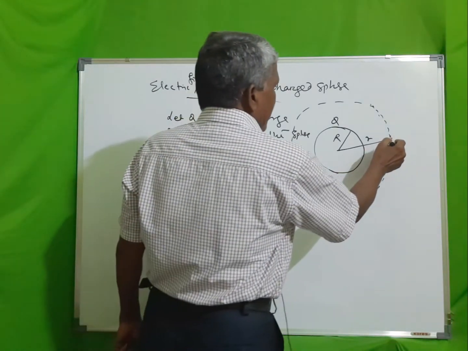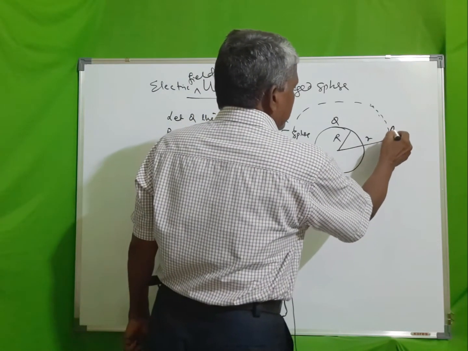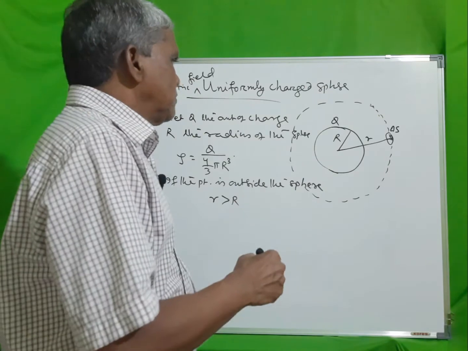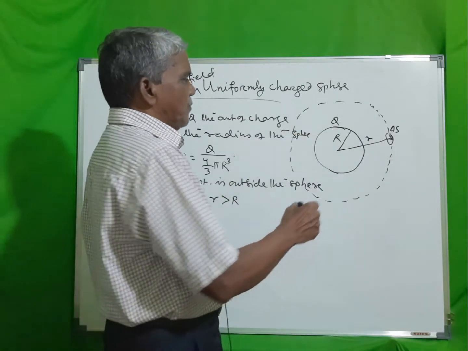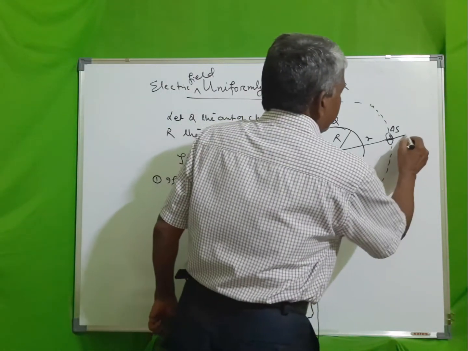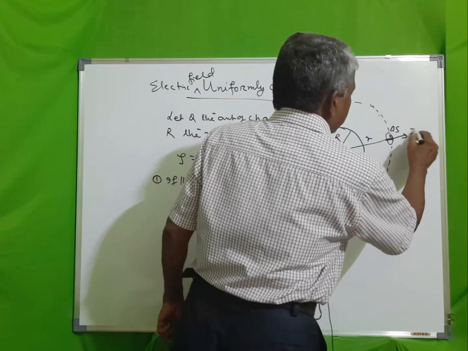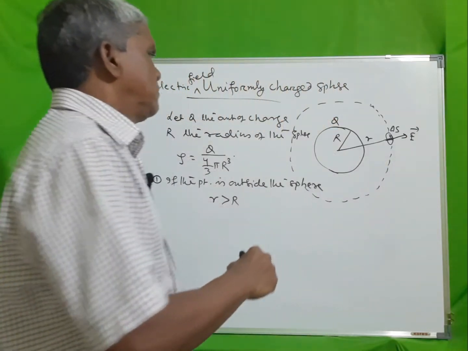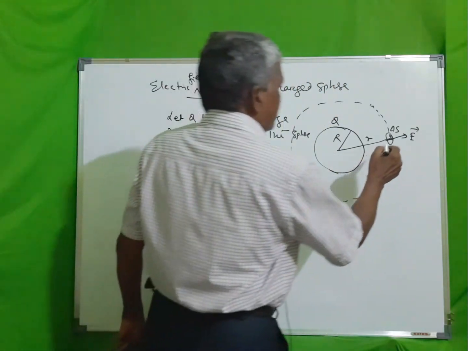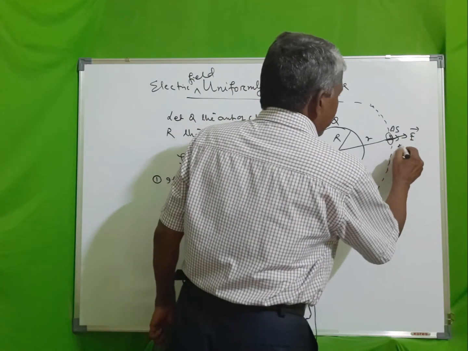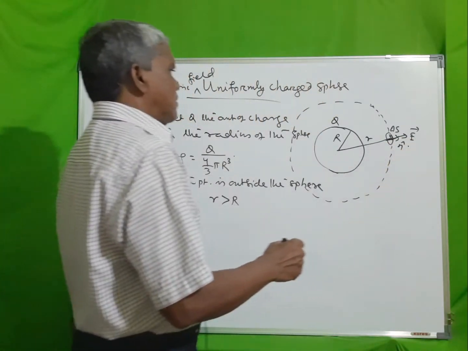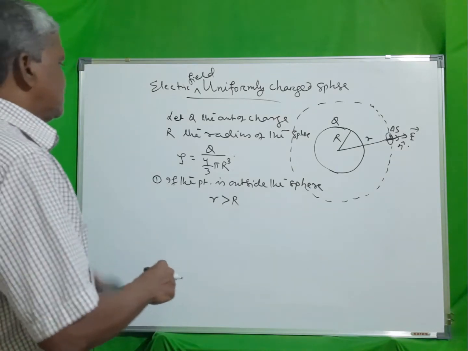Take a small area delta S. Since the charge is positive, the electric field is along the radius vector, and for this point the area vector is also normal, that is, parallel to the field.